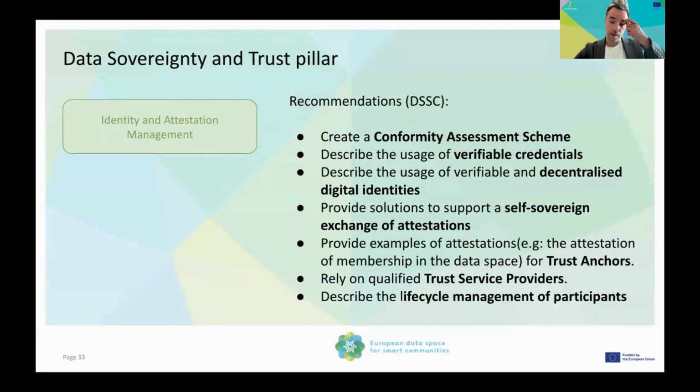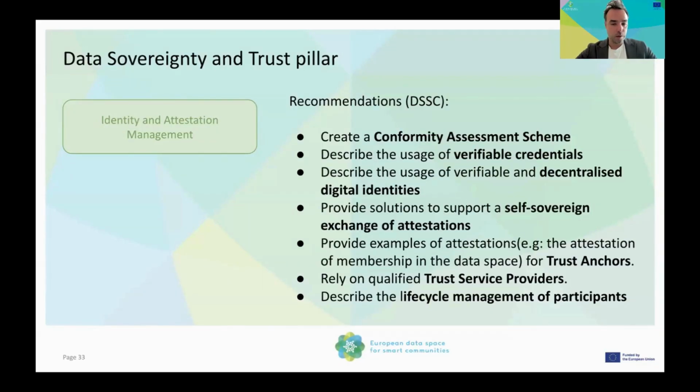The DSSC recommends the creation of a conformity assessment scheme. That means that there is a scheme through which anyone can, be it automatically or through human intervention, make sure that any participant conforms to the requirements of the data space.